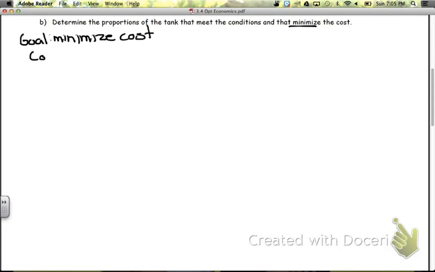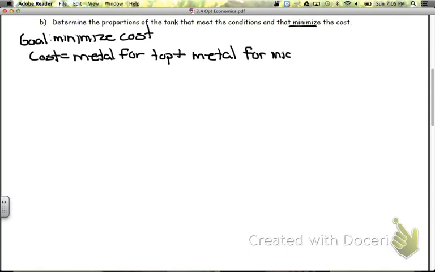So we know our cost is going to be equal to the metal for the top, plus the metal for the middle, plus the metal for the base.